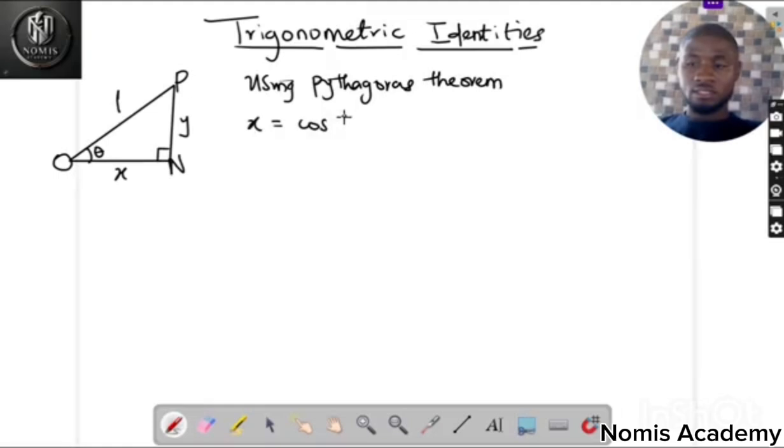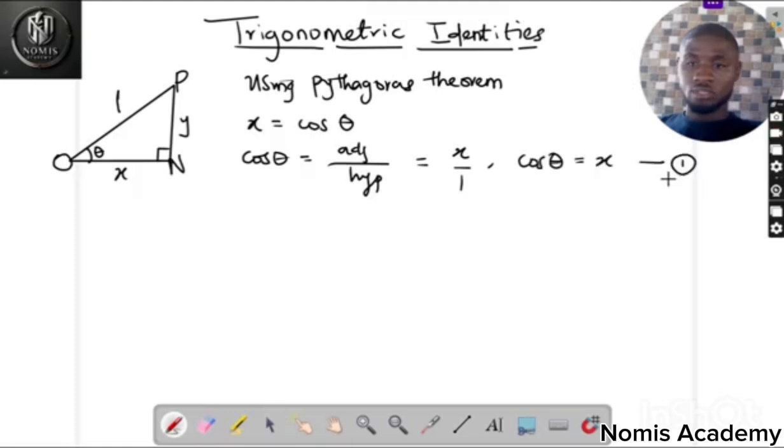Remember that cos theta is equal to what? Adjacent over hypotenuse. The adjacent here is x, and the hypotenuse here is 1. Hence, cos theta is equal to x over 1, so x is equal to cos theta.